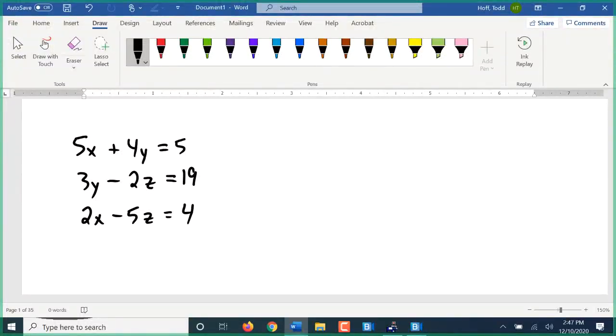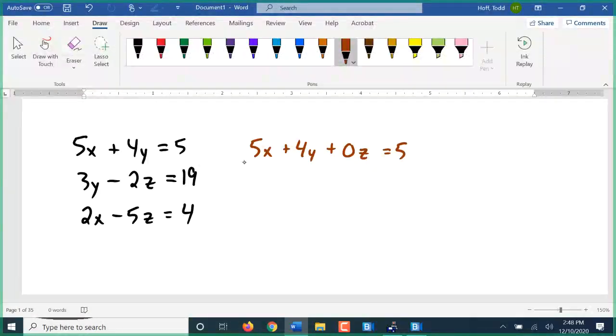Now looking at this, it does not really fit our standard form. It is not in that form of x's, y's, z's equals constants. But we can change it. We can put it into that form rather easily. The first equation will become 5x plus 4y plus 0z equals 5.